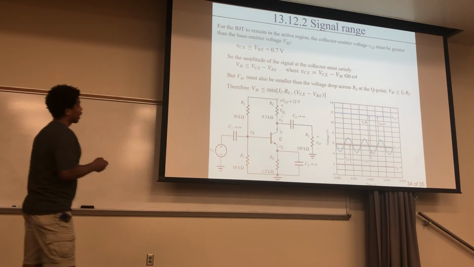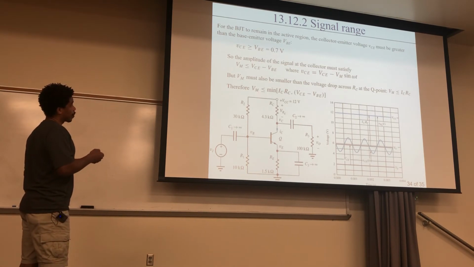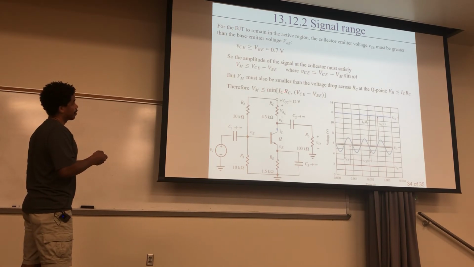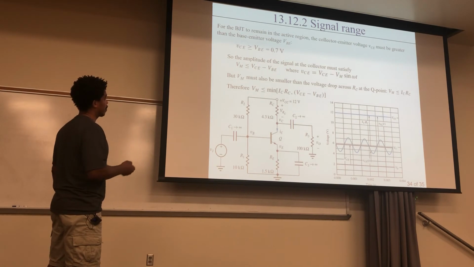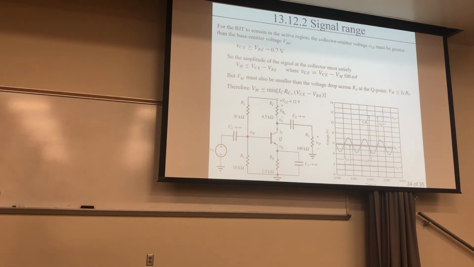So therefore, the magnitude of your sinusoid has to be less than or equal to the minimum of either these two things: the voltage drop across this, your IC RC, or the difference between that right there. So the minimum of either of those.